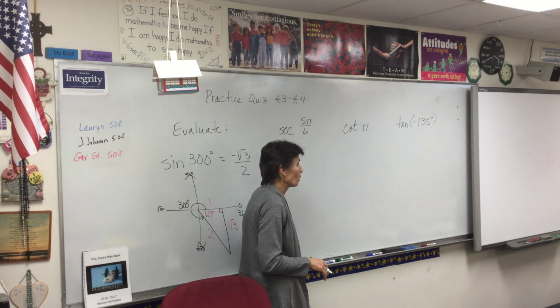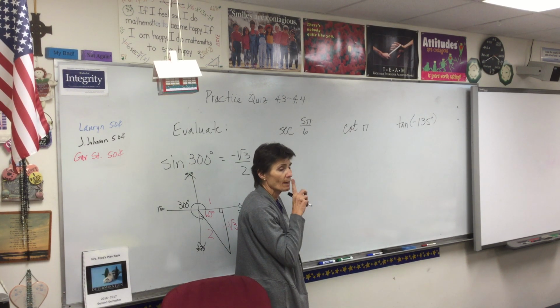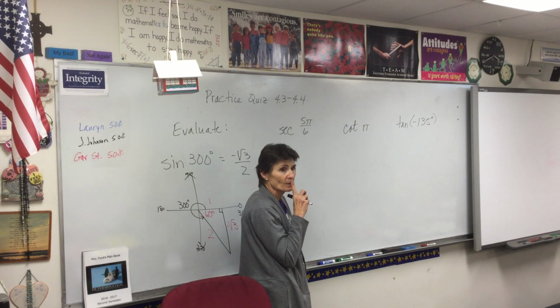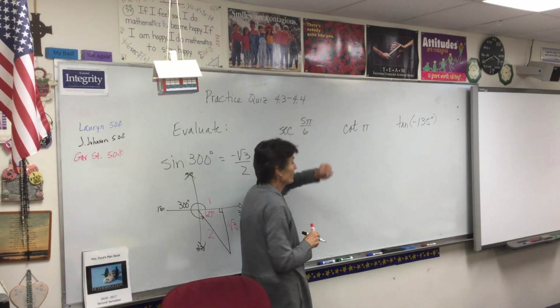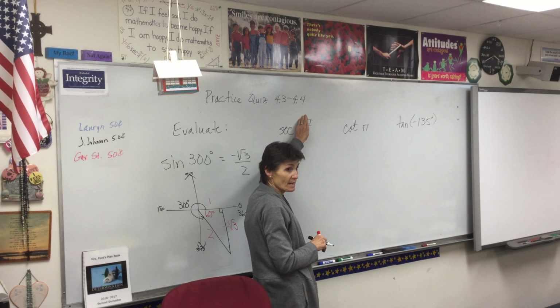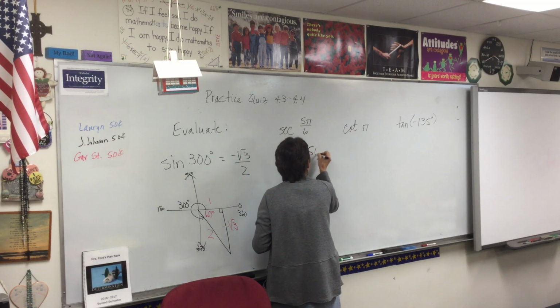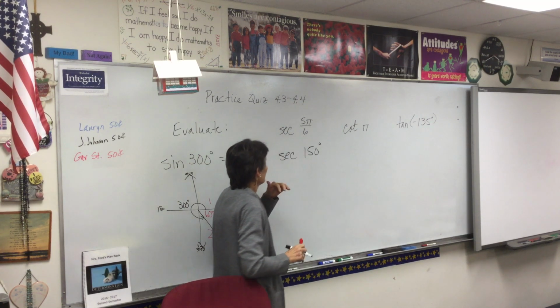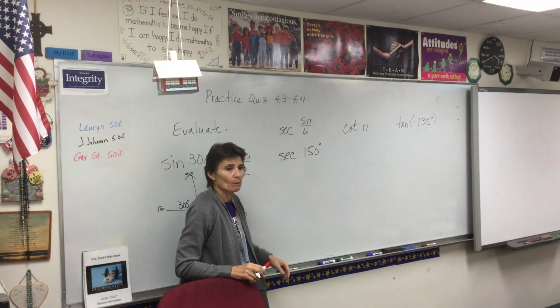Okay? All right. Secant 5 pi over 6. Same exact type of problem, except there's an additional first step. What should I probably do first? 180 times 5. Exactly. Actually, since I'm not going to have a calculator, I'll do 180 divided by 6. That's 30. Times 5 is 150. So I'm finding the secant of 150 degrees. Logan, you can do 5 times 180. It just gives you big numbers that way.